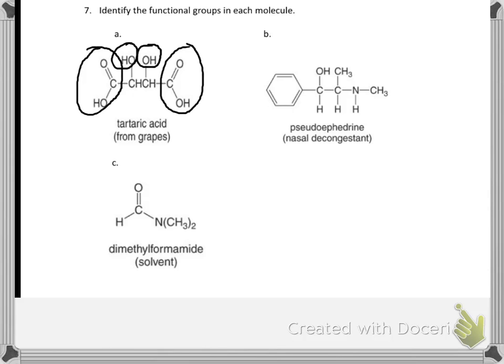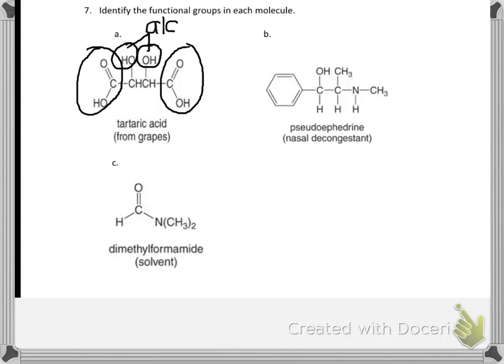Let's start with the ones on the top, the 2 OHs. Now these are carbon attached with a single bond to a heteroatom. And if you look on the second table, an OH group is called an alcohol.